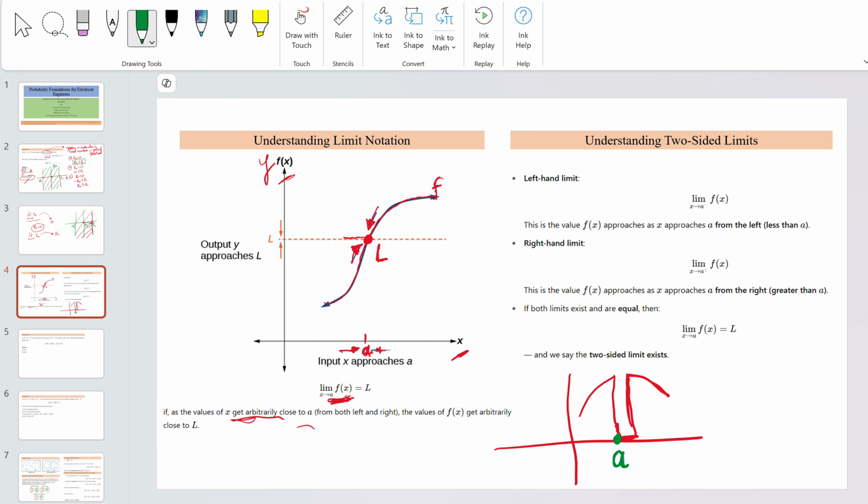Suppose I wanted to find out the value of the limit as x tends to a of f(x). But when you approach this point, the approach of f will be such that this will be the value.